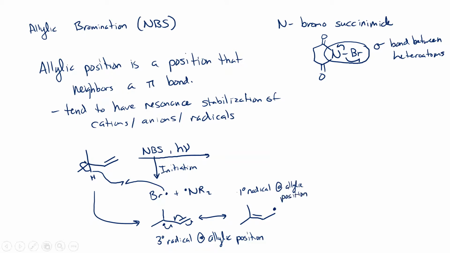Okay, and now you're probably thinking, well, a primary radical, that's not very stable. This second resonance structure probably isn't going to form very much, but it turns out that this is actually the more reactive of the two, and so this is the thing that's going to react with the next equivalent of NBS.